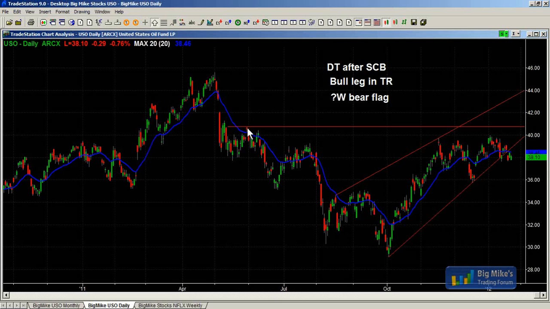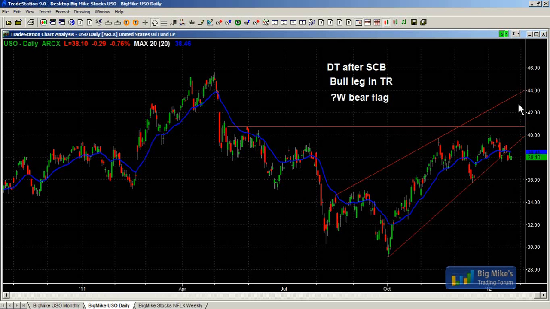The bears will try to create a double top there for a sell-off, and the bulls will want a breakout to the upside. Breakouts usually fail, so it's more likely that even if we do go above the highs of the past couple of months, the market will find sellers somewhere, 41, 42, somewhere up in there for a push down.